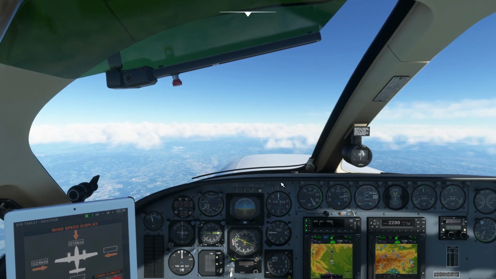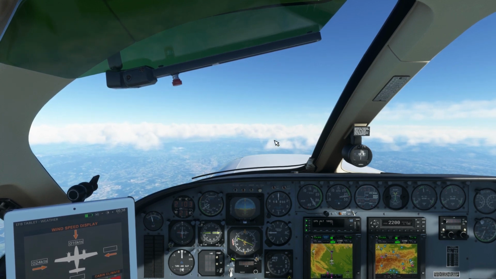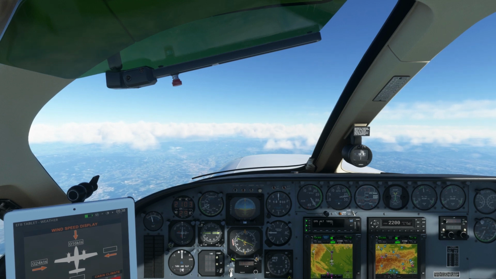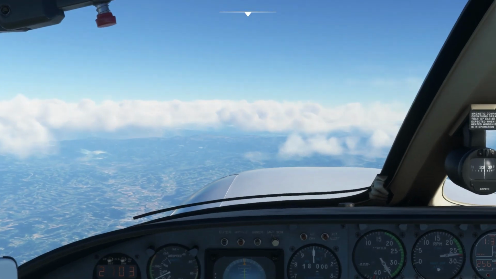Yeah, so the aircraft has reached its cruise altitude. Now let's go into the cruise. I chose, let's say, a low power setting cruise, 27 inches and 2100 RPM.